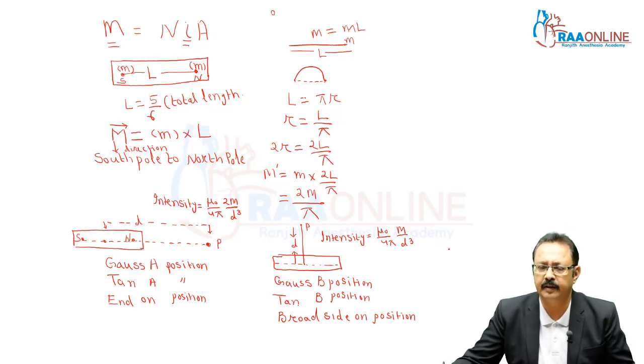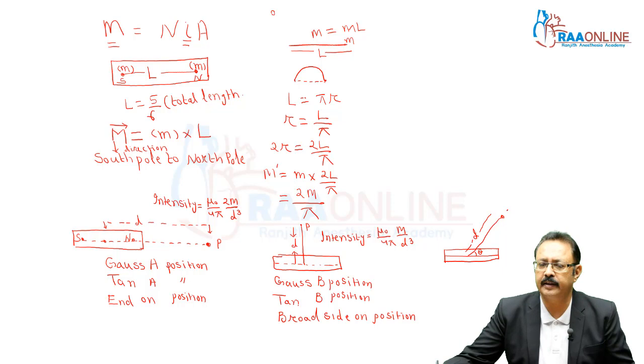And in general, if the point is at theta angle and d distance from the center, a point at this position, in the general case, you can calculate the intensity by the formula mu naught upon 4 pi, M upon d cube, under root 1 plus 3 cos square theta. Same results.